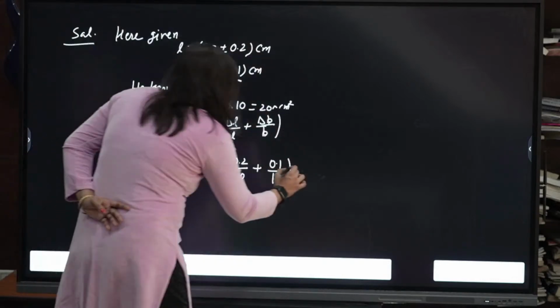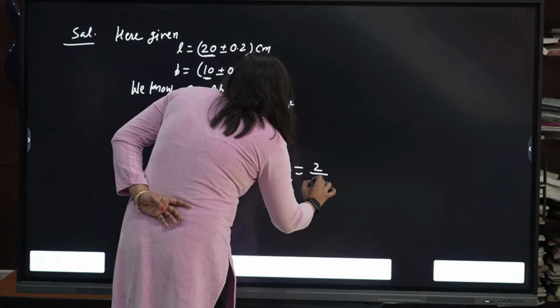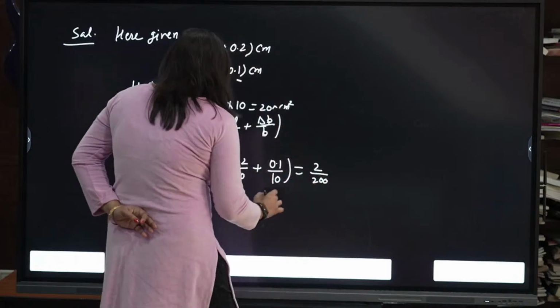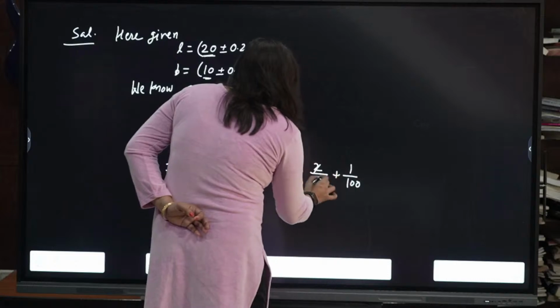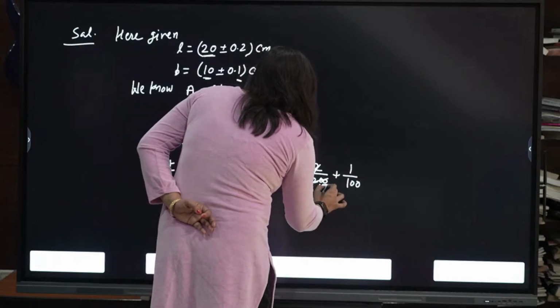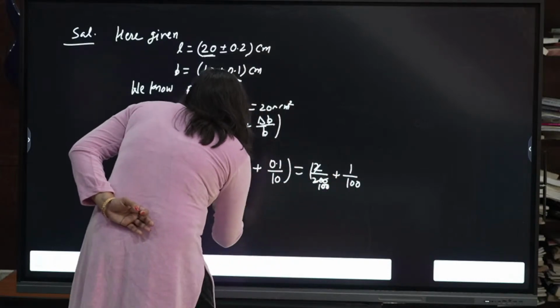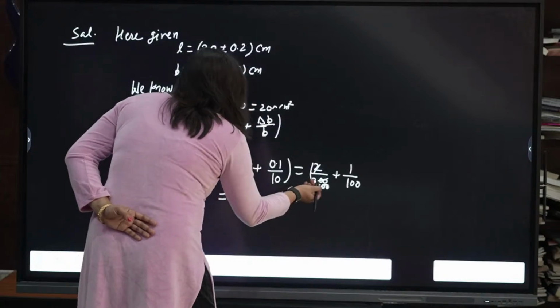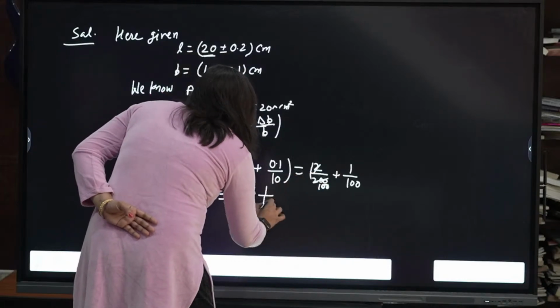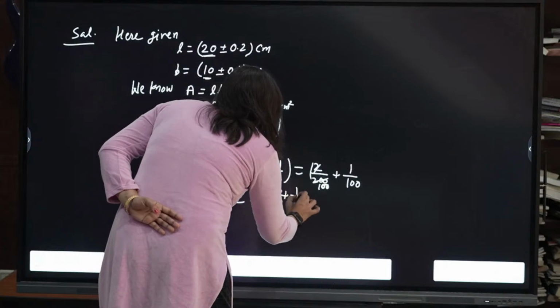Simply you solve it. It is 2 by 200 and it is 1 by 100. It also simplifies to 1 by 100, and 1 by 100 plus 1 by 100.